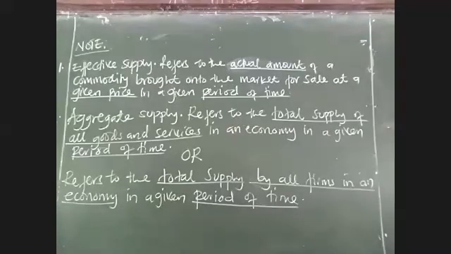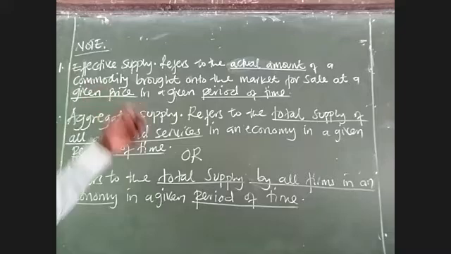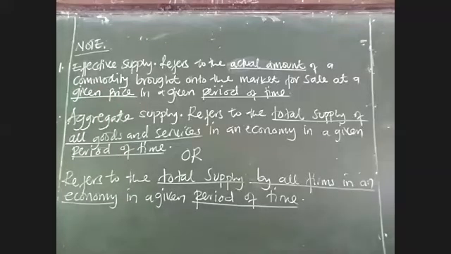Effective supply. What we have written there on the chalkboard is: refers to the actual amount of a commodity brought onto the market for sale at a given price in a given period of time. So effective supply, we are looking at actual amount, what actually has been brought on the market for sale.